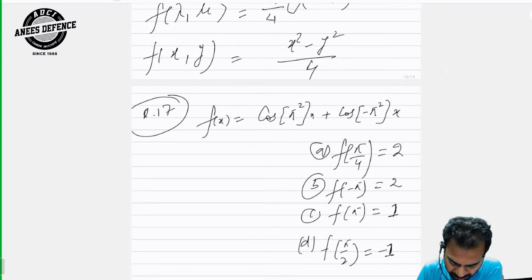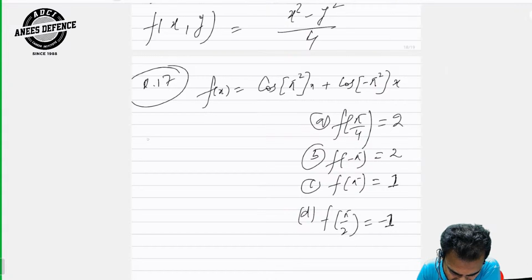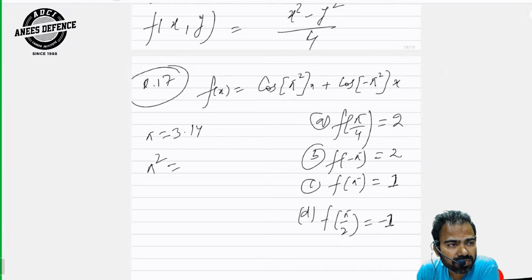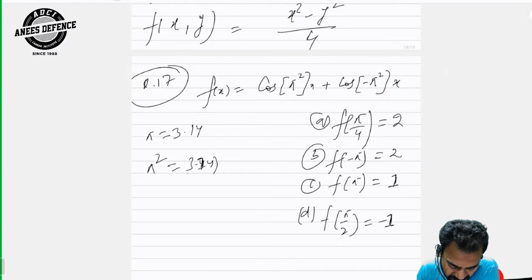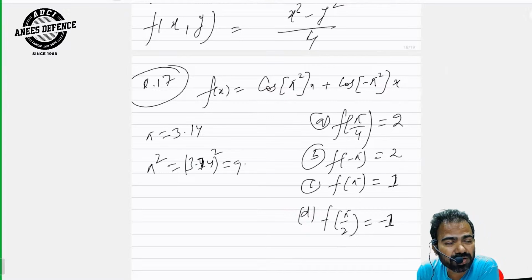Minus 1, f of pi by 2. Pi is 3.14. Pi square is 3.14 square, 9 point something.